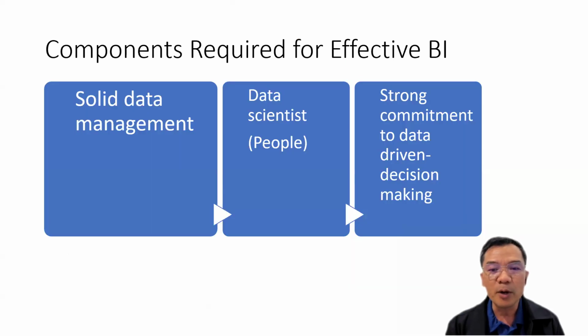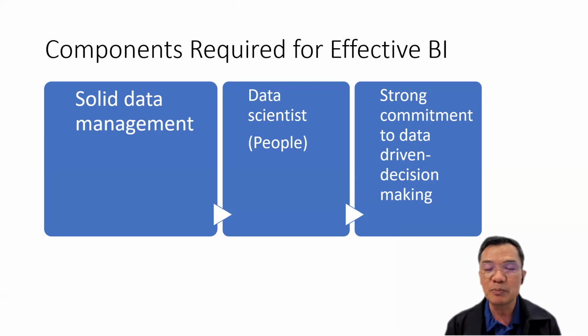So the major components required for business intelligence start with solid data management. That's why we had a topic on how to model data in the organization, because we need to have solid data management ideas so that we can formulate business intelligence supporting data in the organization.